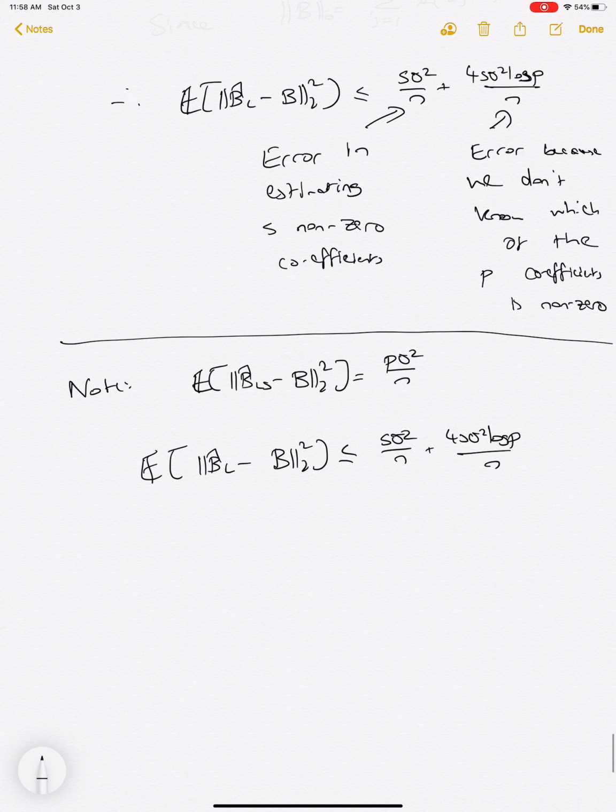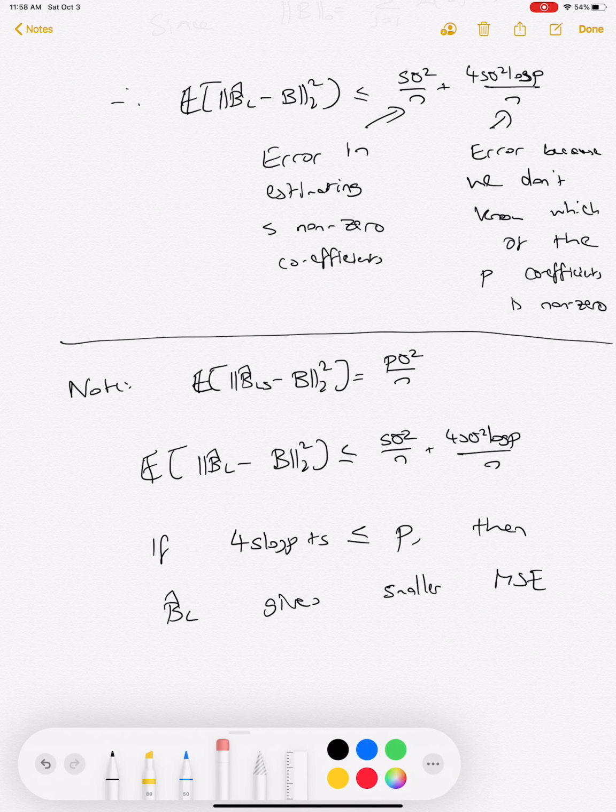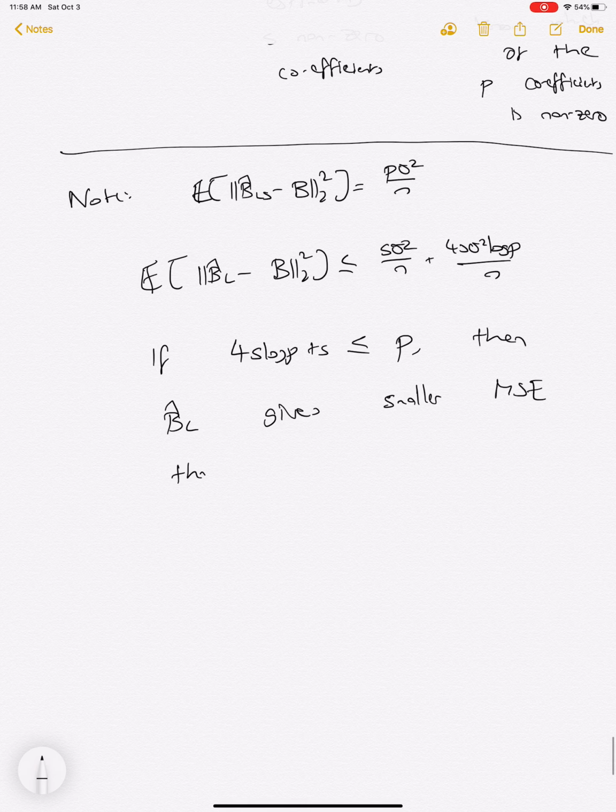And so if 4s log p plus s is smaller than p, then beta hat L gives a smaller mean squared error than beta hat LS.